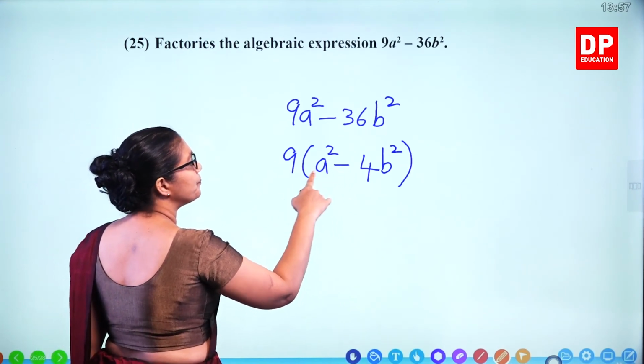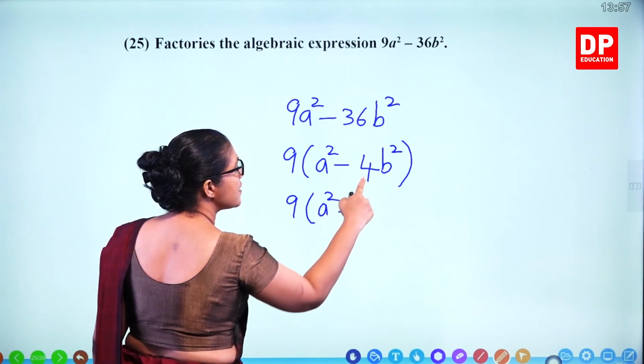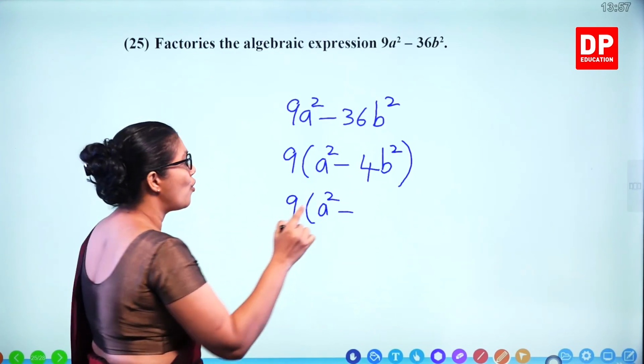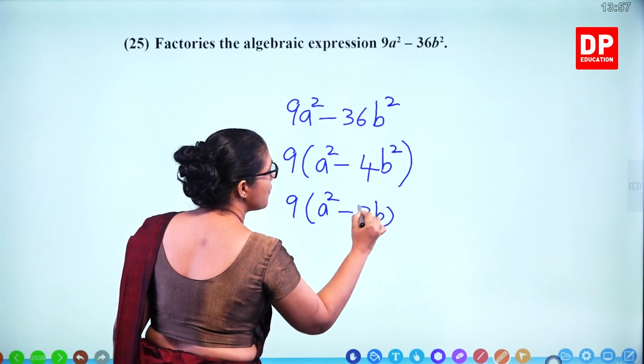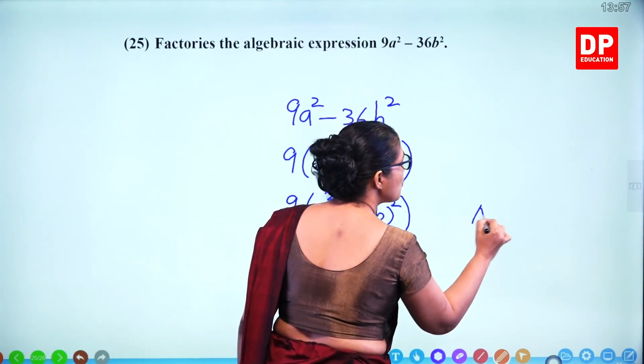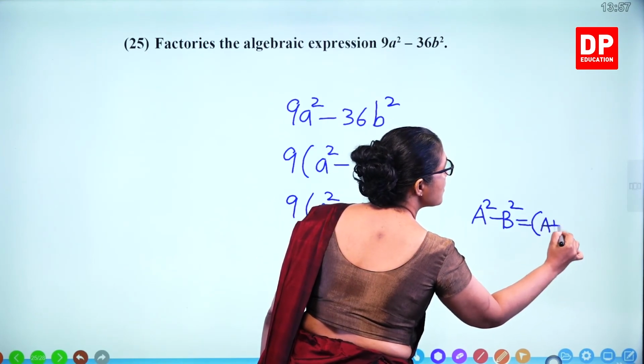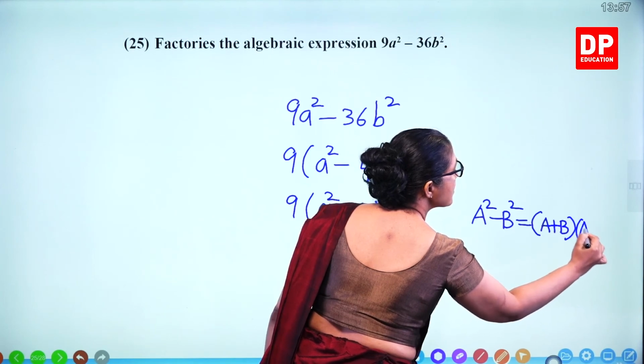Now, you can write this one as a squared minus 2b whole thing squared, since 2 squared is 4. Difference between two squared terms. So what is the difference between two squared terms? You can write one factor positive and one factor negative.